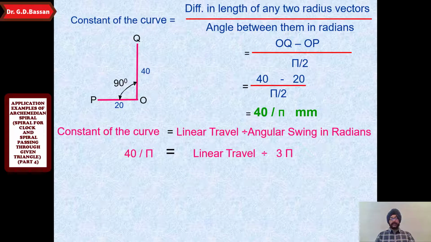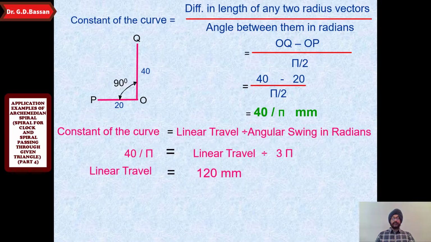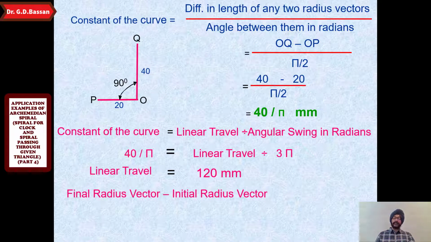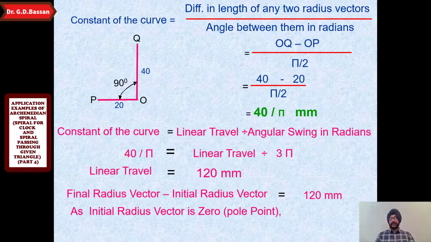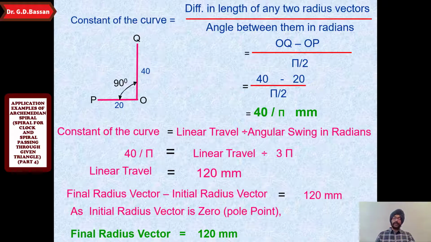So that is 2 pi plus pi, that is 3 pi for 1.5 convolutions. From this we can find that the linear travel is equal to 120 mm. What is linear travel? That is the final radius vector minus the initial radius vector, and that is equal to 120 mm. As you know, the initial radius vector is 0 because it is the pole point. So the final radius vector is 120 mm.